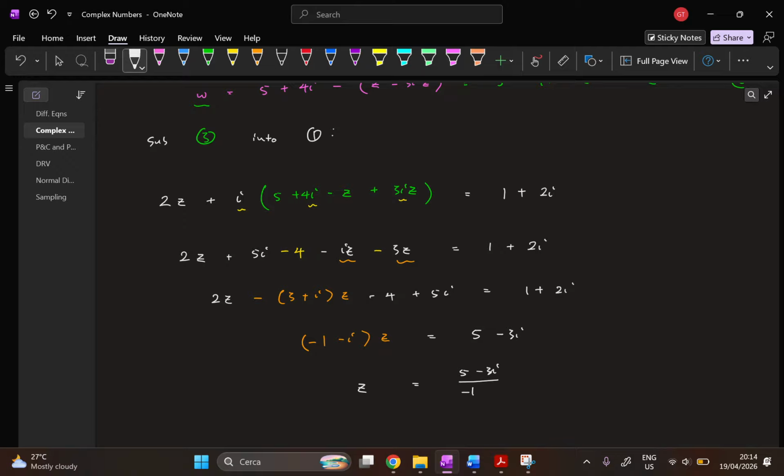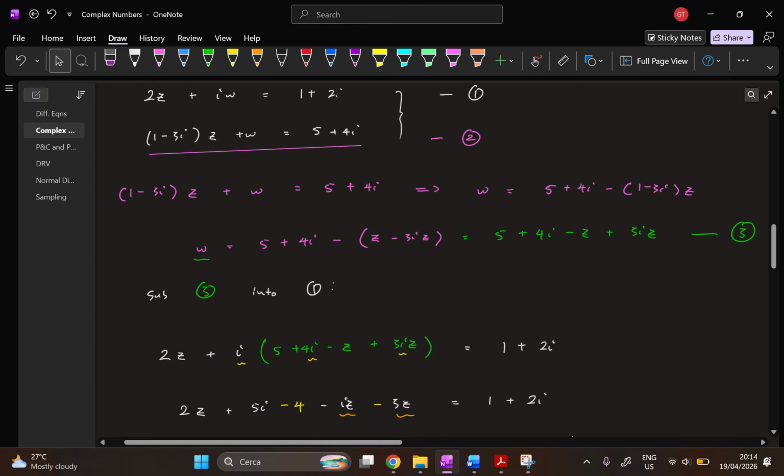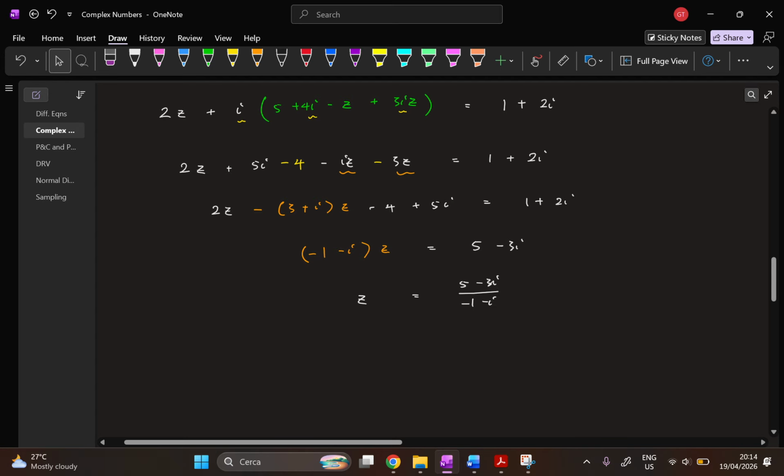Now, once again, this is very similar to what we have done earlier. Earlier on, I showed you how to multiply by the conjugate, right? But actually, there is a method on your GC, on your TI-84, that allows you to just evaluate the conjugate of a complex number.